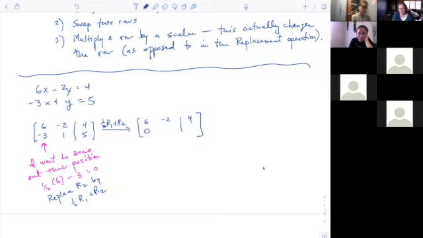What I'm trying to get across is a systematic, algorithmic way, which doesn't involve you looking at the numbers and going, oh, look, there's a 6 and a -3, so I can multiply by 2 and get rid of that. I want an approach that's going to work no matter what the numbers are. Does that make sense? Yeah. Okay.